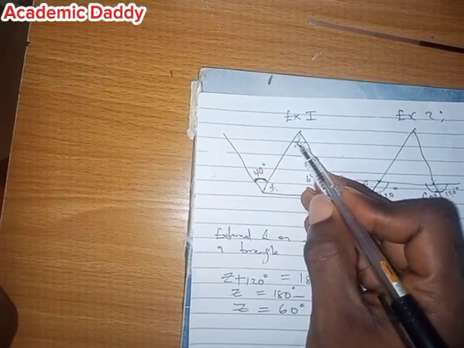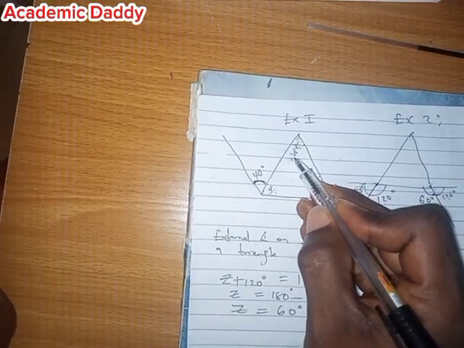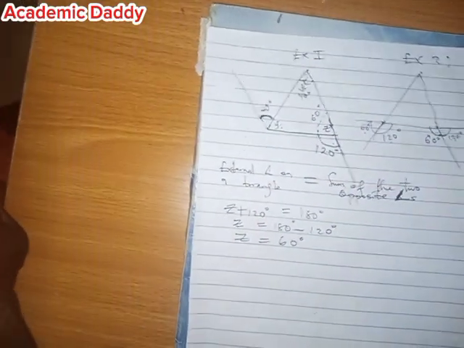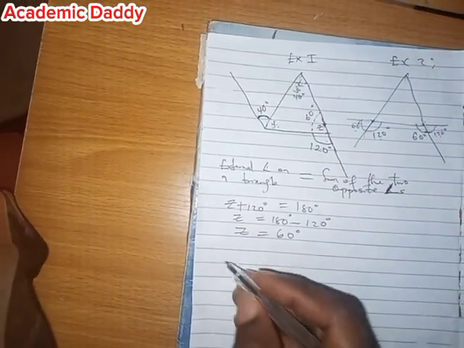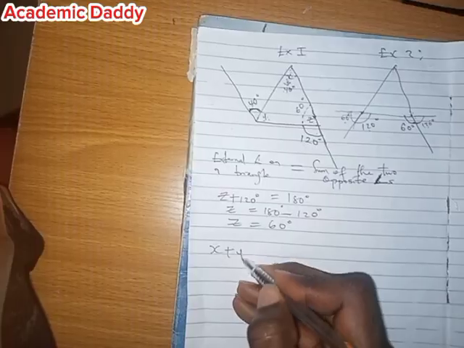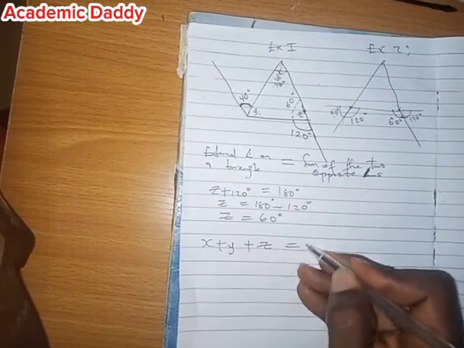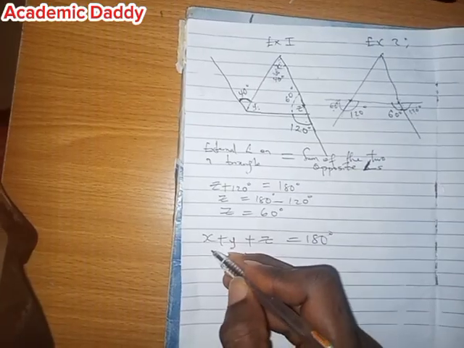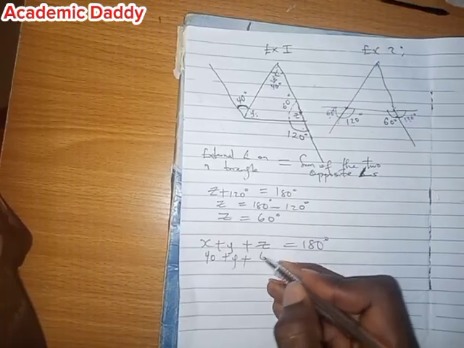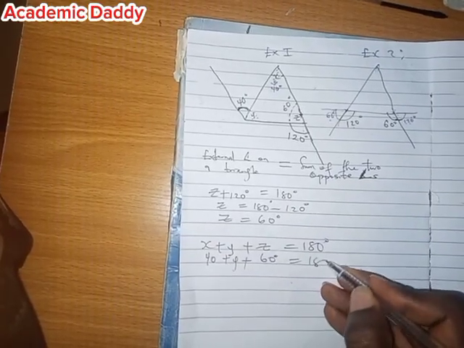They are alternate angles, so x will be equal to 40 degrees, alternate. So angles in a triangle mean x plus y plus z should equal 180 degrees. So x is 40, y I don't know, z is 60 degrees, equals 180 degrees.